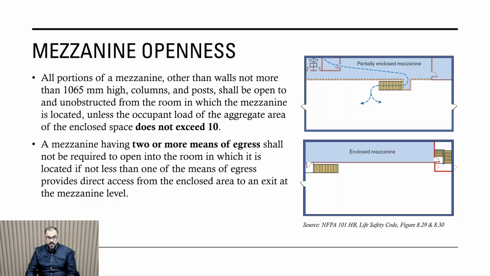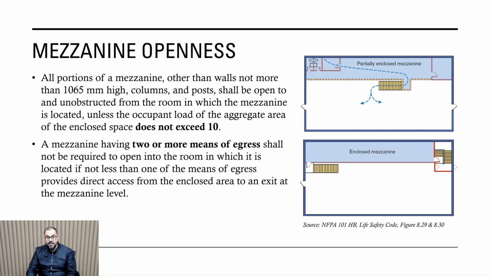All portions of a mezzanine, other than walls not more than 1065 mm high, columns, and posts, shall be open to and unobstructed from the room in which the mezzanine is located, unless the occupant load of the aggregate area of the enclosed space doesn't exceed 10 people.